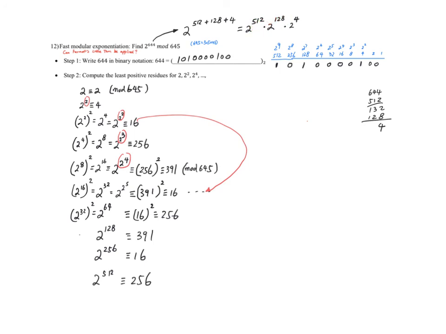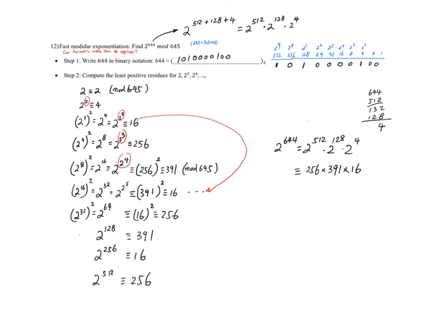Therefore, 2 raised to the power 644 is equal to 2 to the power 512, times 2 to the power 128, times 2 to the 4th, which is congruent to, looking up the values from here, 256 times 391 times 16.